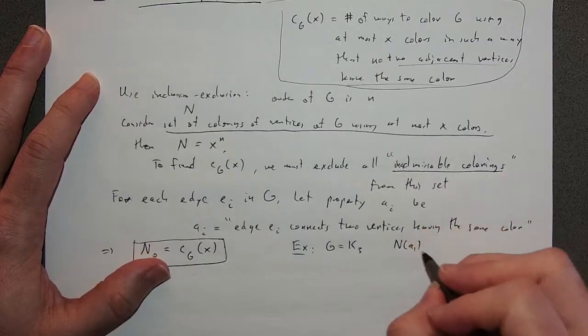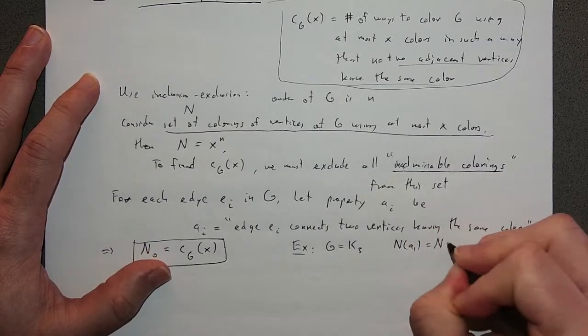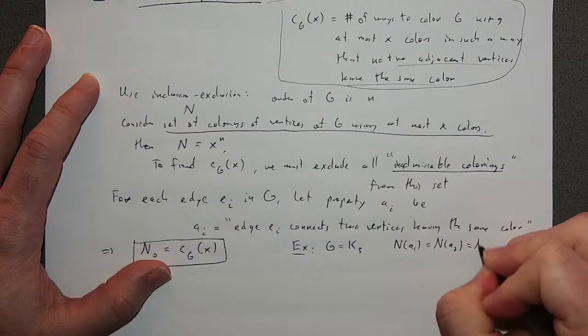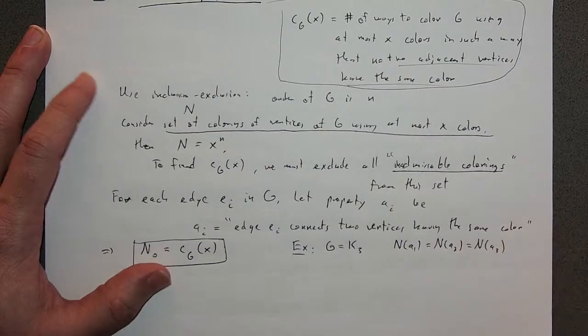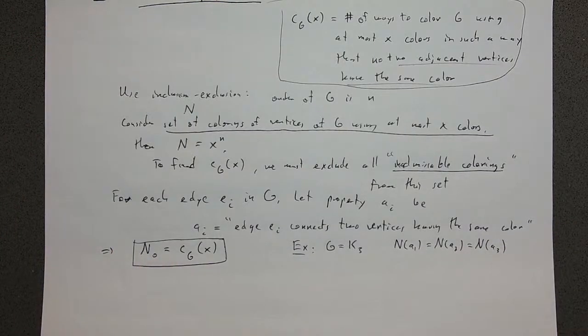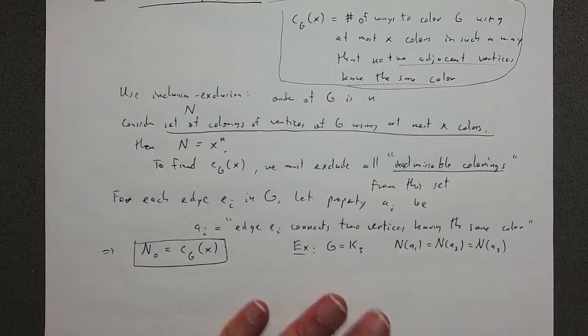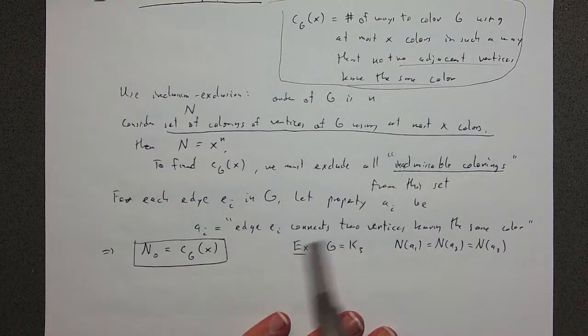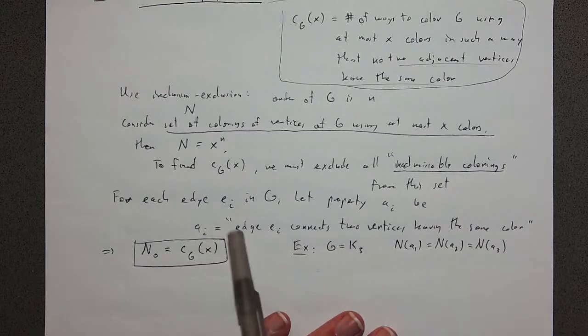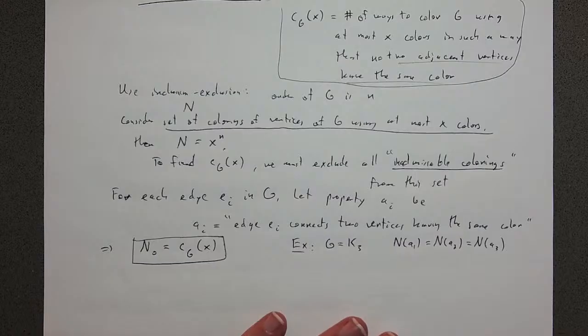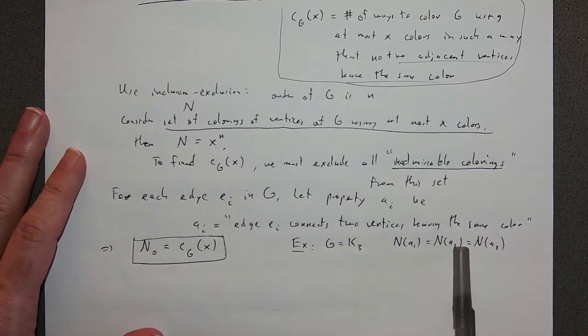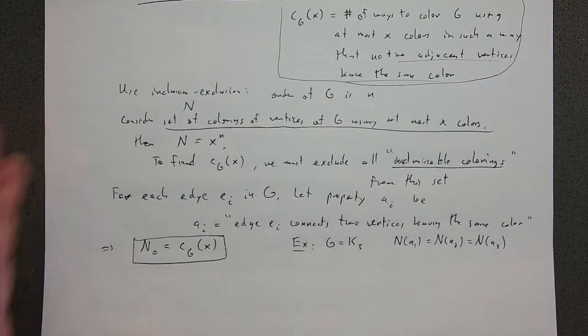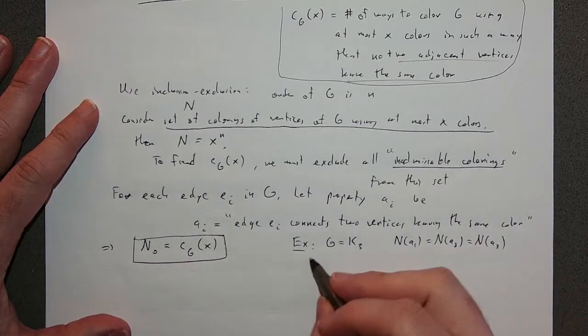By symmetry, all these are going to be the same. That is, what is the number of objects having one of these properties? That is, A sub 1 is edge E1 connects the 2 vertices having the same color. Edge E2 connects 2 vertices having the same color. Edge E3 connects 2 vertices having the same color. So how many? I have 3 edges, right? If I draw K3 here.